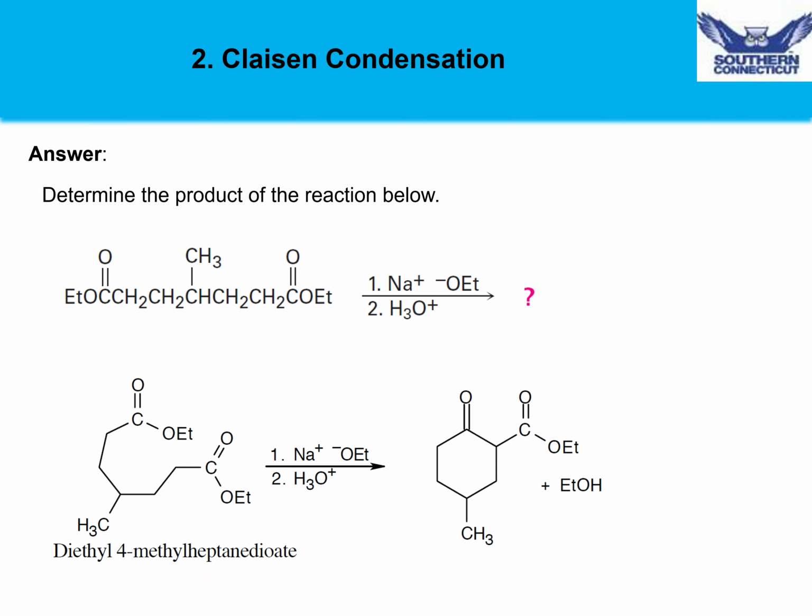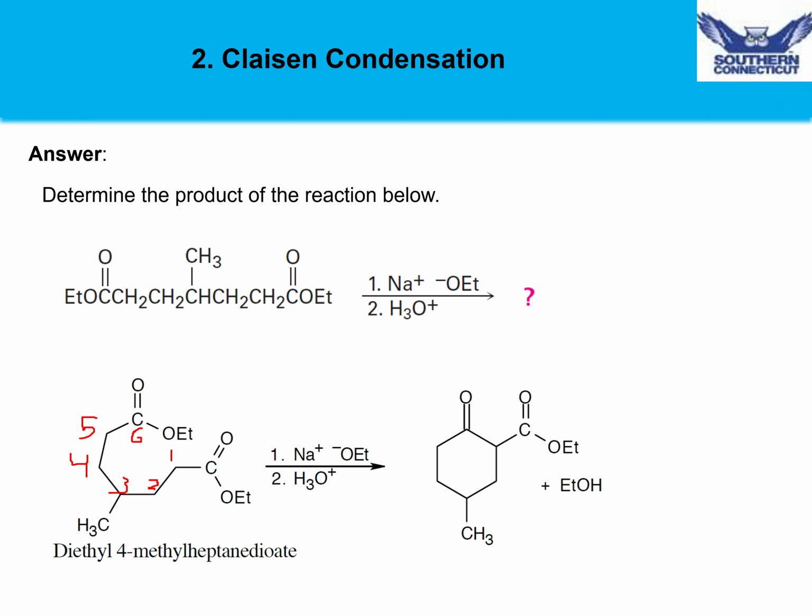You can sort of map this reaction out by counting or labeling carbons. So that is carbon 1, this is 2, this is 3, this is 4, we have 5 here, and then we have the carbonyl carbon, which is number 6.